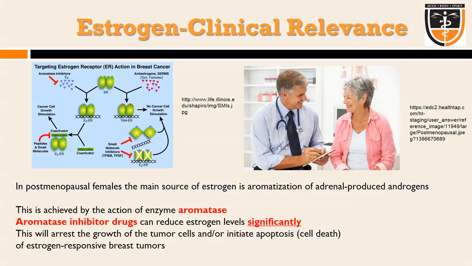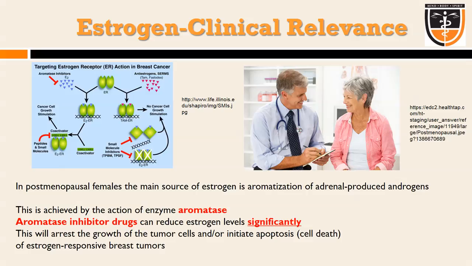So how can you treat estrogen-sensitive breast cancers in postmenopausal women? By decreasing estrogen. How will you decrease estrogen in postmenopausal women? Their ovaries don't work. So what you're going to do is affect that conversion. You will give aromatase inhibitor drugs. So we'll inhibit that conversion and production of estrogen.